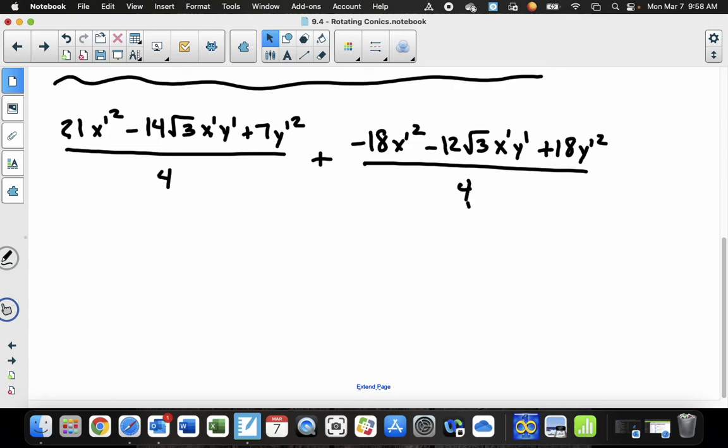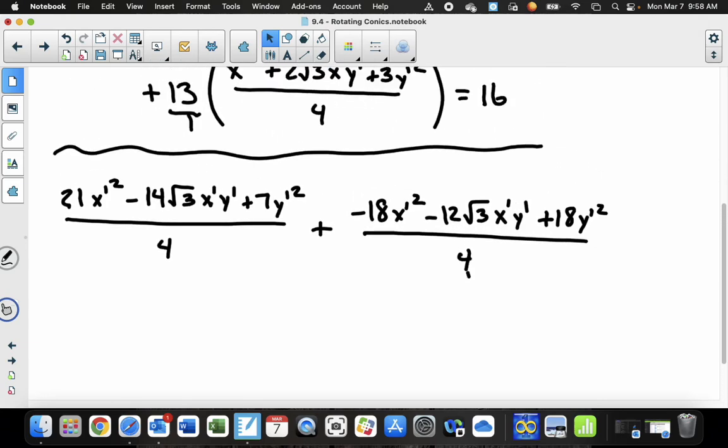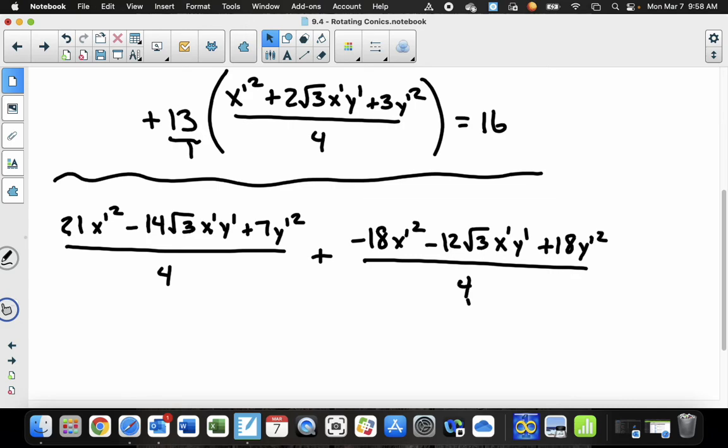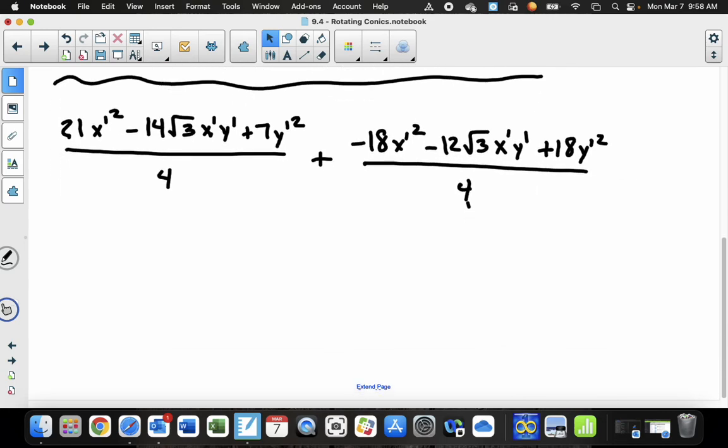One more fraction. Multiply by 13. So we get plus 13x prime squared.